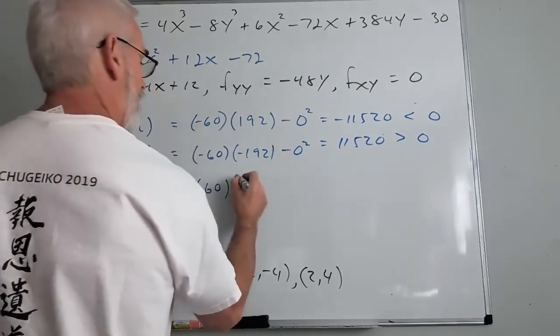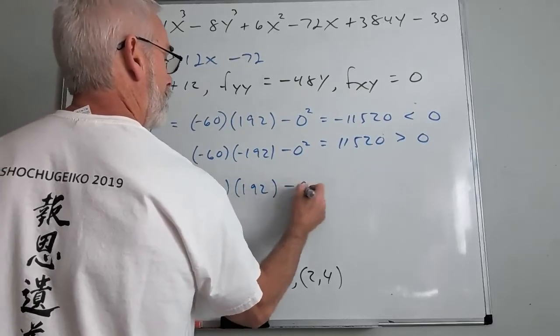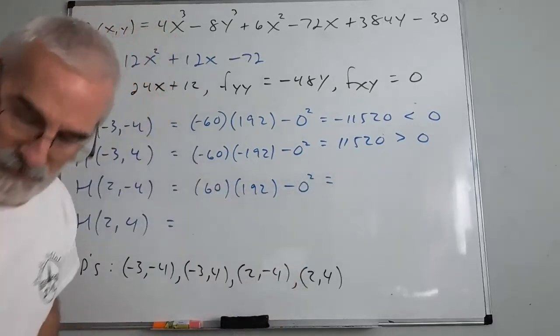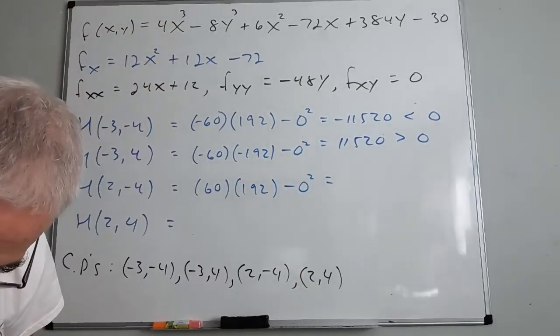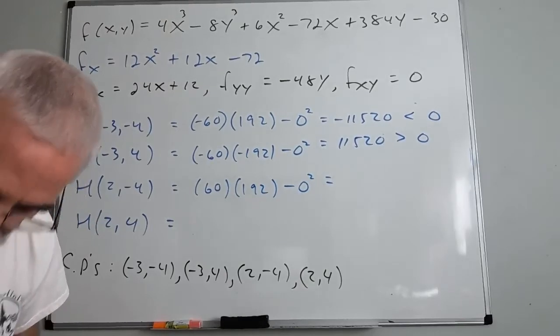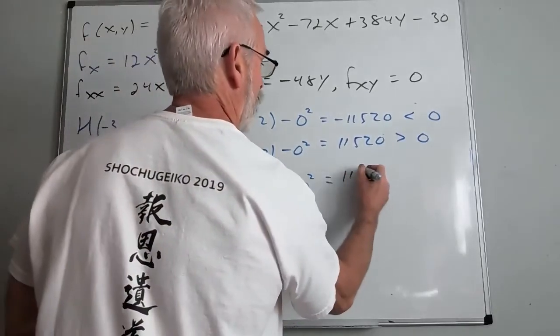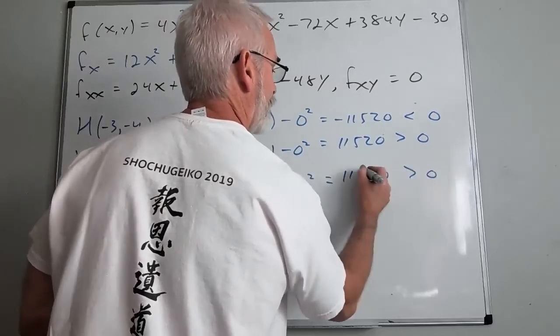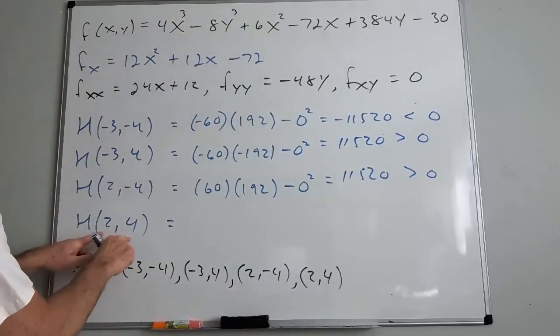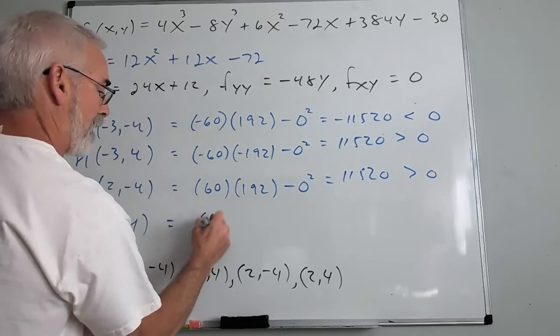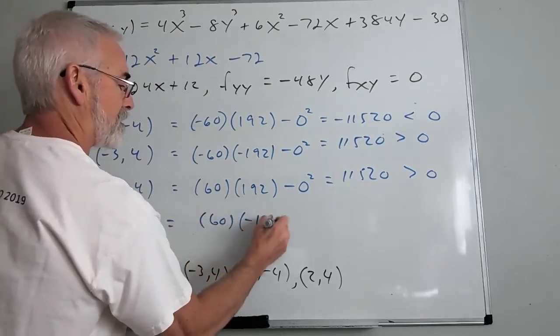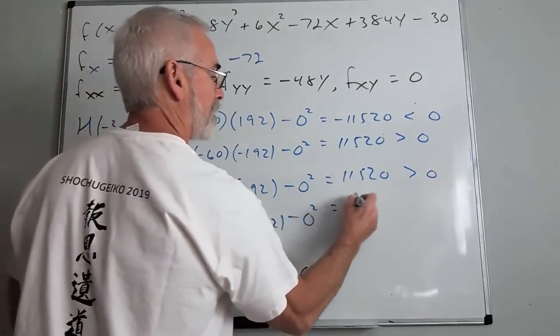The -4 would make that +192 minus 0 squared. Of course, same value. And then the last one, 2, 4, it's going to be +60, -192.